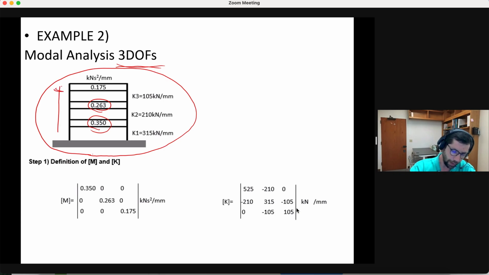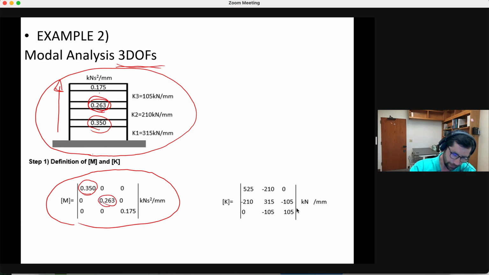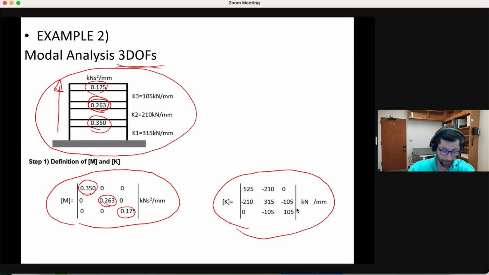So I need to move up in my structure, and list the mass values to form the mass matrix. In this case, I will have 0.35, 0.263, 0.175, okay?